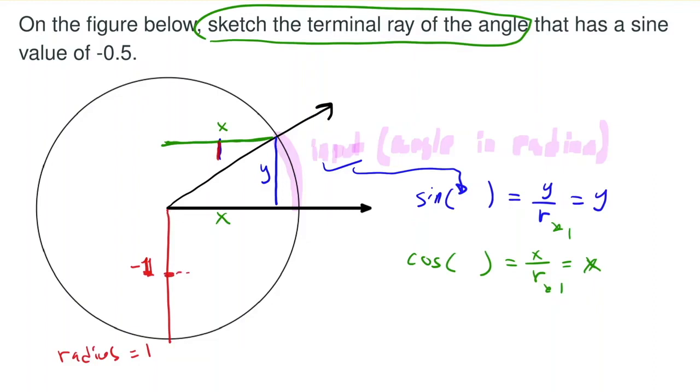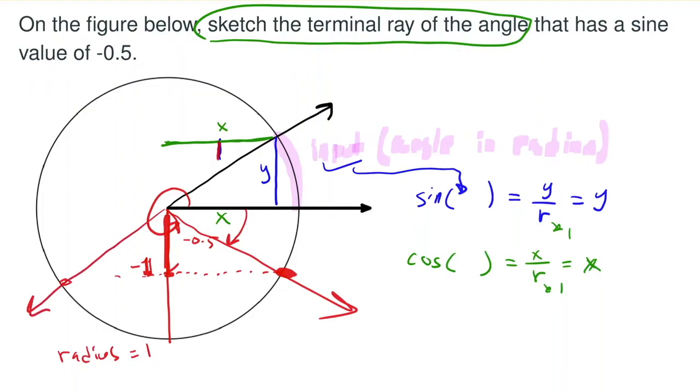So if we do here, this length is negative 0.5. If I have an angle that ends right here, I can draw it like this. For example, either this angle or this angle, both have the same terminal ray, and this angle will give us sine of negative 0.5. Similarly, there is another one that ends here, so in this case we have 2.